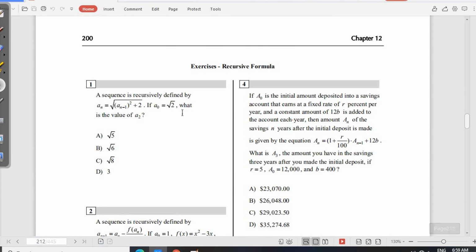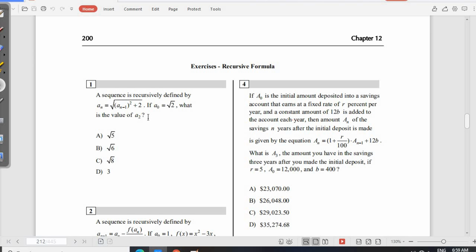Alright, the sequence is recursively defined by this: a_n equals square root of (a_{n-1}) squared plus 2. If a_0 is equal to square root of 2, what is the value of a_2? So what does that mean?